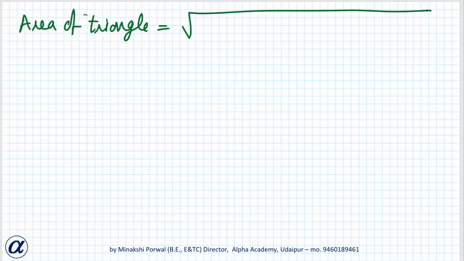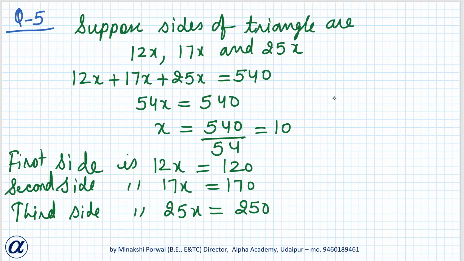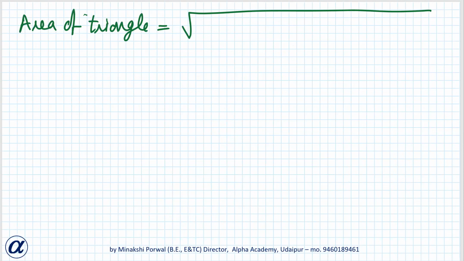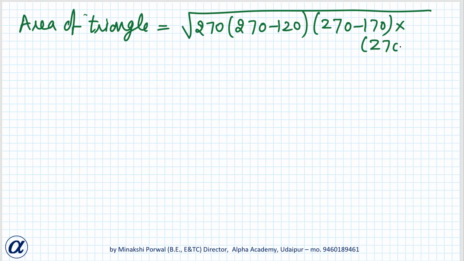So S equals 120 plus 170 plus 250 by 2. So it will be 540 by 2. Or perimeter is given actually, we could have found it by perimeter by 2 also. It is 270. So 270 into 270 minus 120, 270 minus 170 and 270 minus 250.